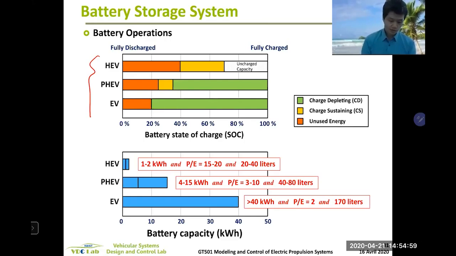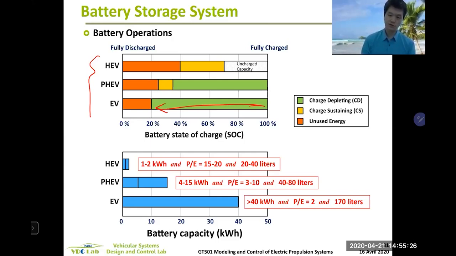So for EV, we use the battery as the main source of energy, right? So you deplete the energy from the battery. But for hybrids, the battery is used as a temporary energy buffer, right?